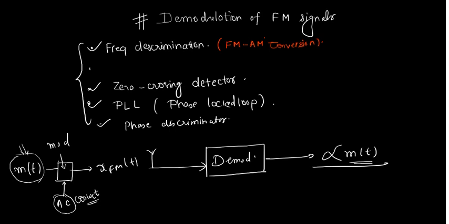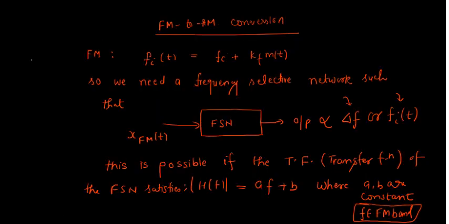So, let us discuss the frequency discrimination method in detail, the frequency discrimination method or FM to AM conversion method. We know that in an FM signal the information resides in the instantaneous frequency. The instantaneous frequency follows this equation: f_i(t) = f_c + k_f m(t).